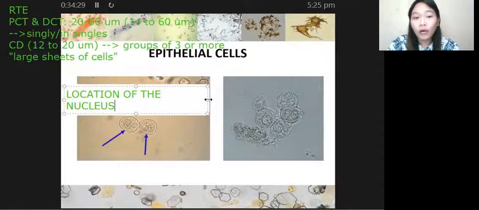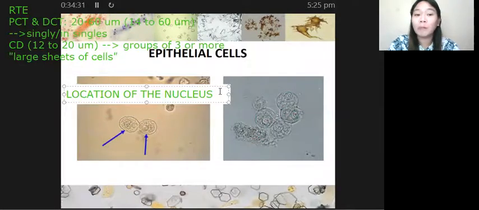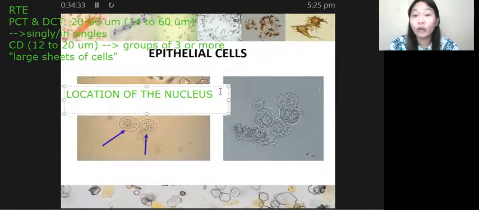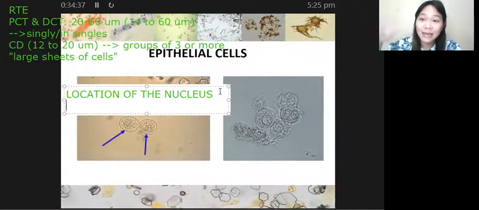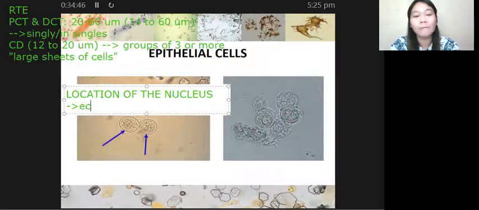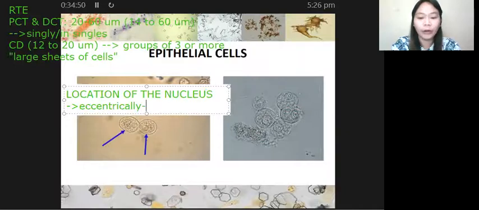So for your transitional or for your bladder cell, the location of the nucleus is central. Okay, it is located at the center of the cell. However, the location of the nucleus of your renal tubular epithelial cell is eccentric. Okay, it is eccentrically located.